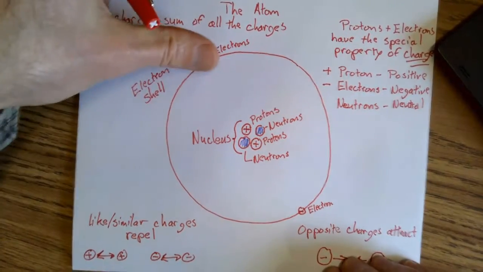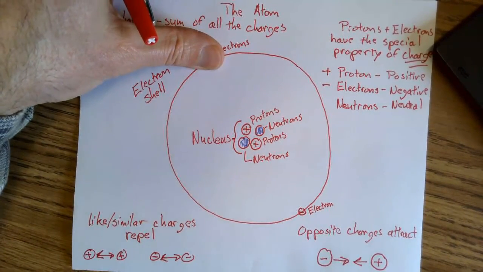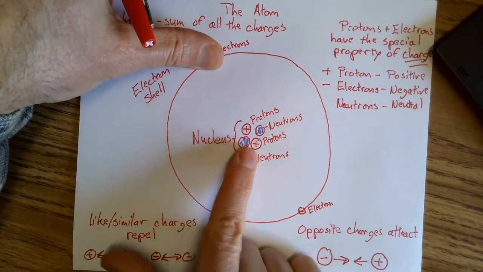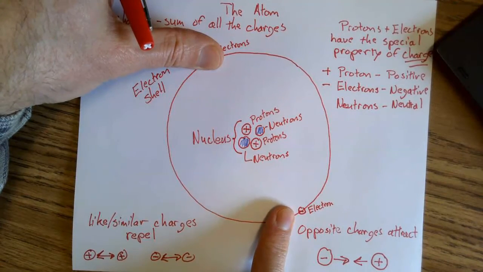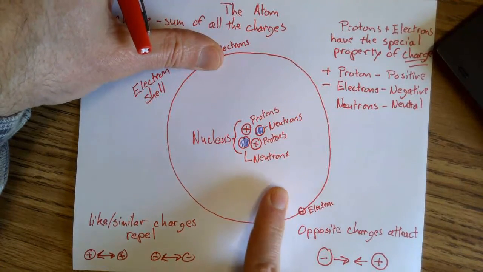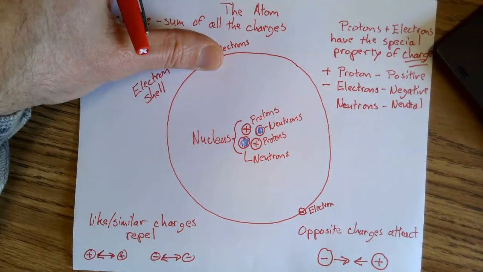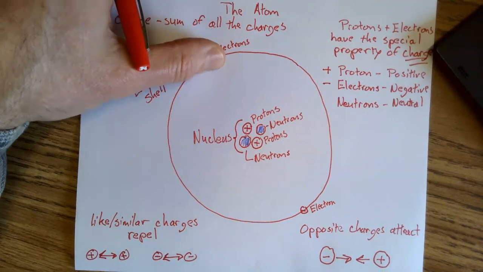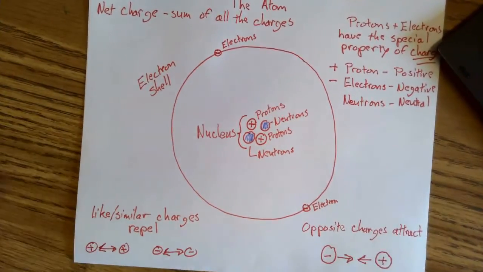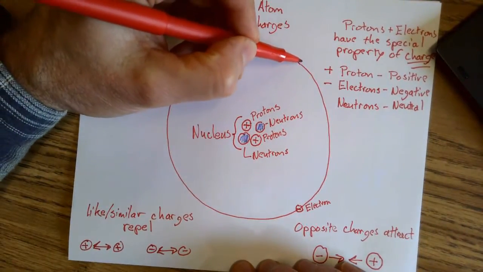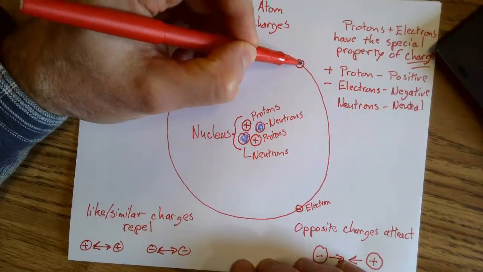What would happen if we took away an electron? Now notice we have two positives and only one negative. So two positives and one negative is going to leave us with a net charge of one positive. This atom becomes what's called a positive ion. It is net positive. Interesting. Well, what would happen if this atom happened to pick up an extra electron?